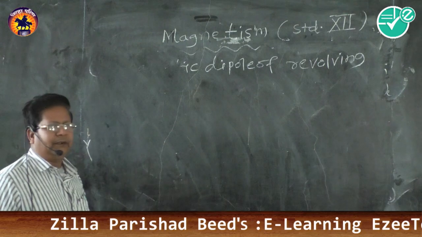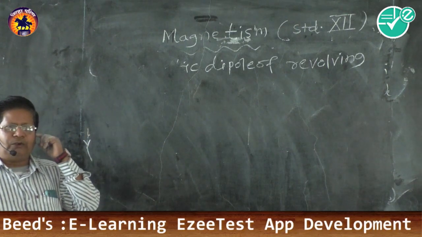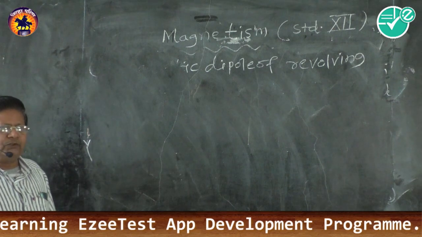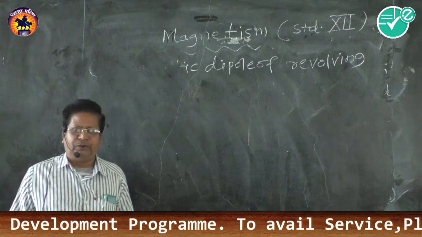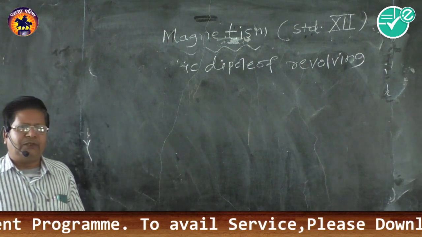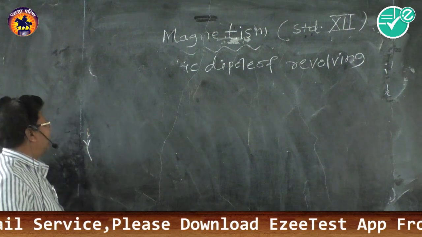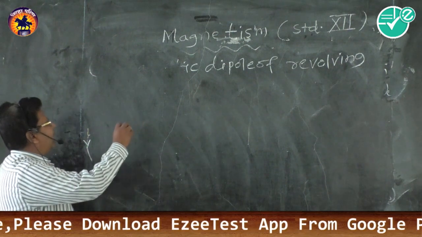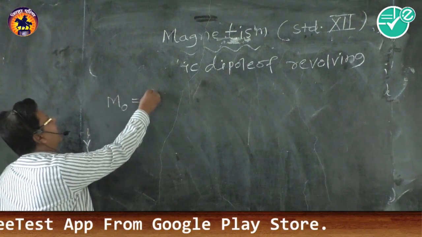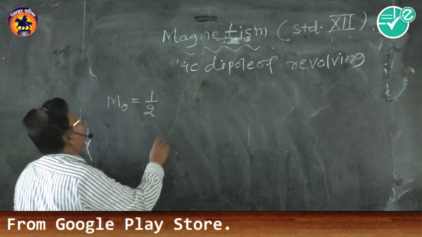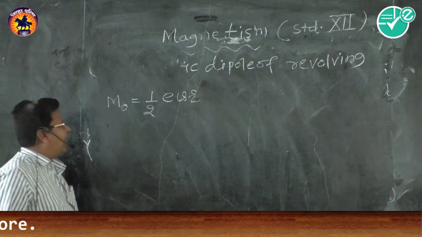As we know, in Bohr's theory of the hydrogen atom, according to the second postulate, electrons revolve around the nucleus in circular orbits for which the angular momentum is an integral multiple of h upon 2 pi, and therefore we can write this orbital magnetic dipole moment M_O is equal to half e into v into r.